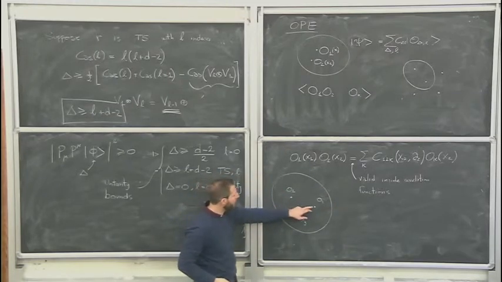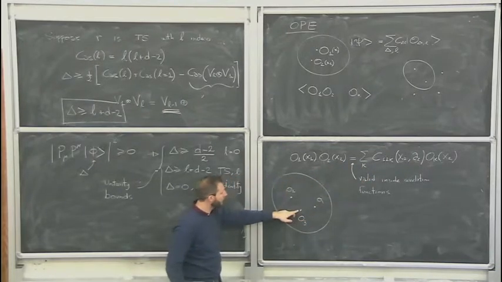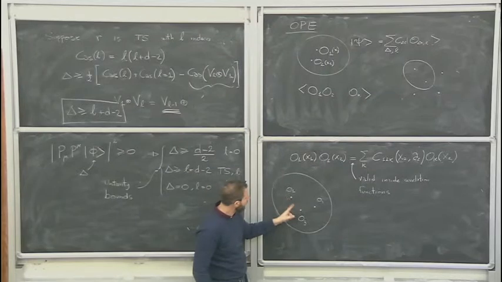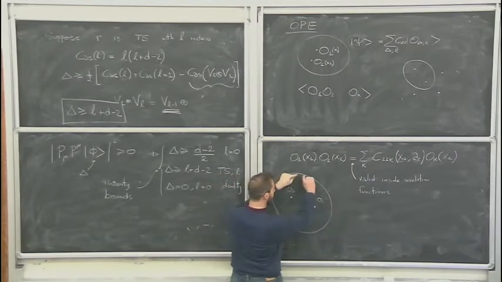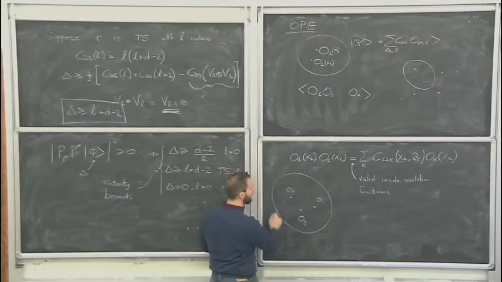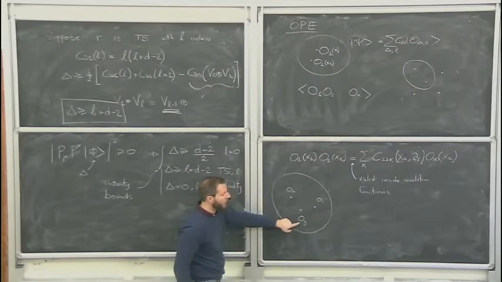You cannot replace O1 and O2 with this expansion because there is O3 closer to O1 than O2. So the state defined on this sphere also contains a superposition of things coming from O3.